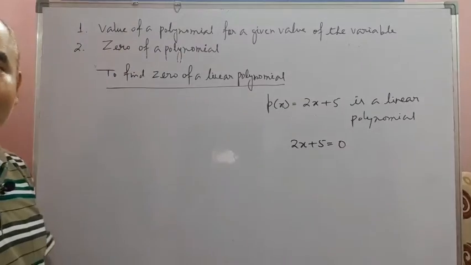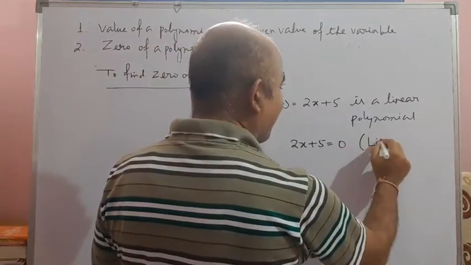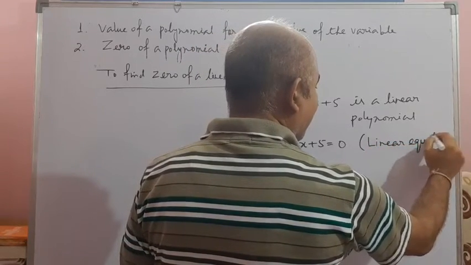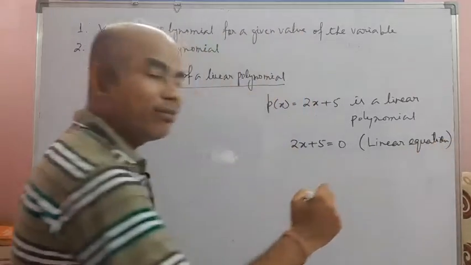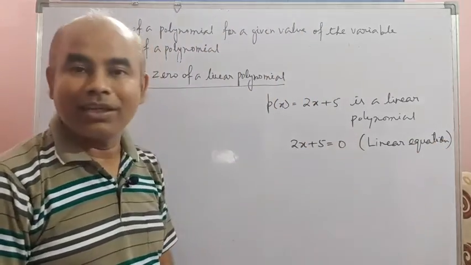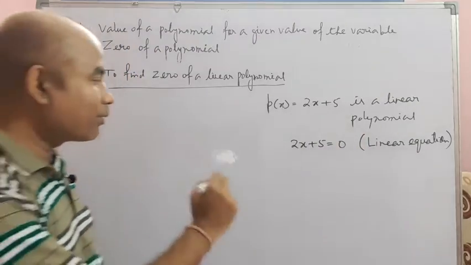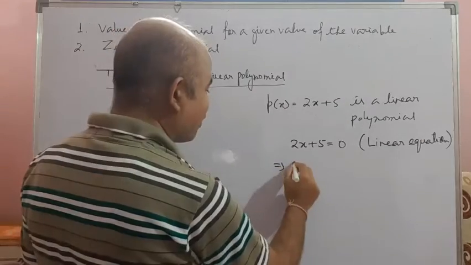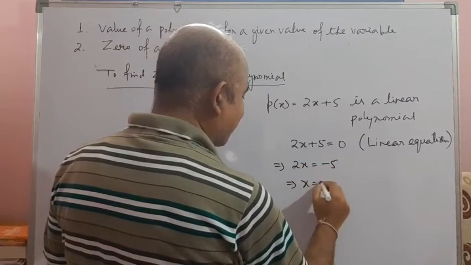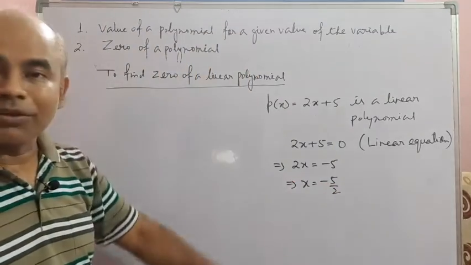When you take the polynomial equal to 0, it becomes a linear equation. When a polynomial is taken equal to 0, it becomes an equation. Now you know how to solve a linear equation, so let me solve it. 2x is equal to minus 5 and x is equal to minus 5 by 2. We got the solution, x equal to minus 5 by 2.